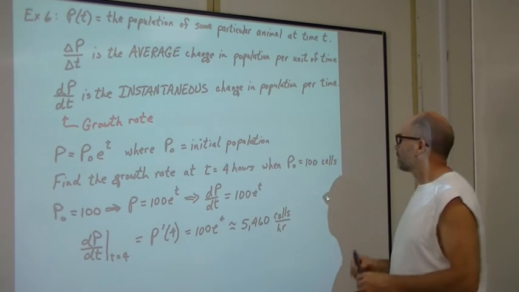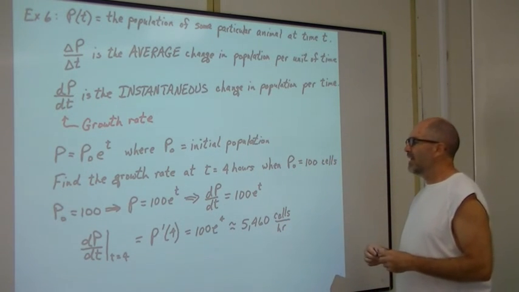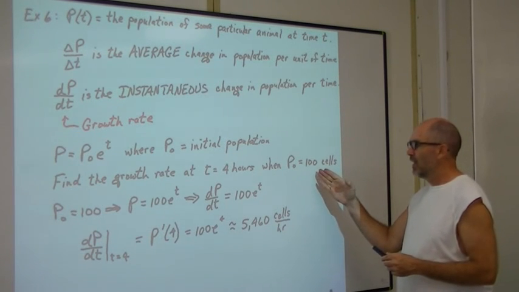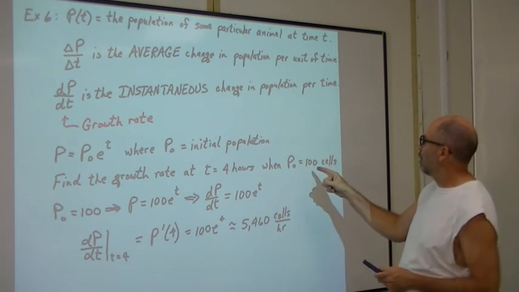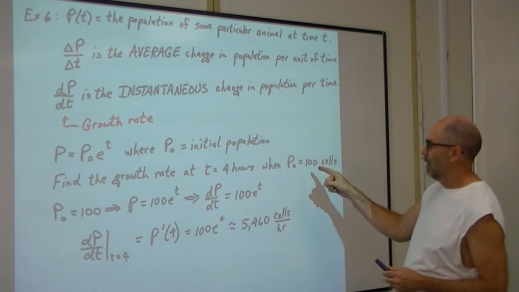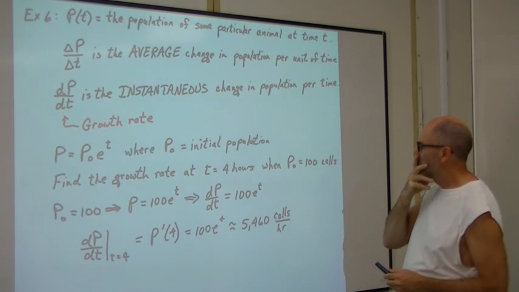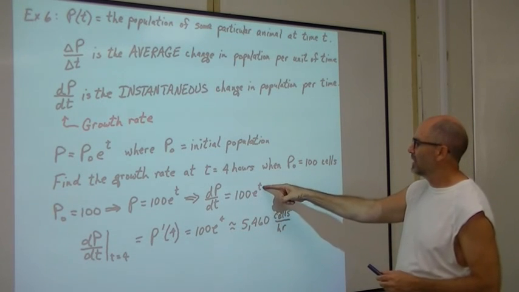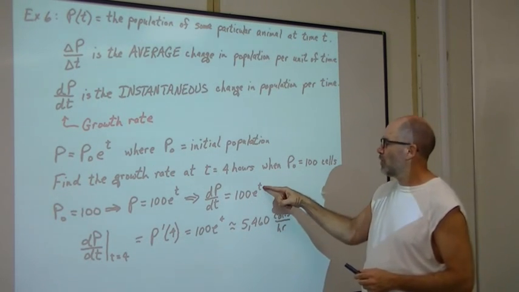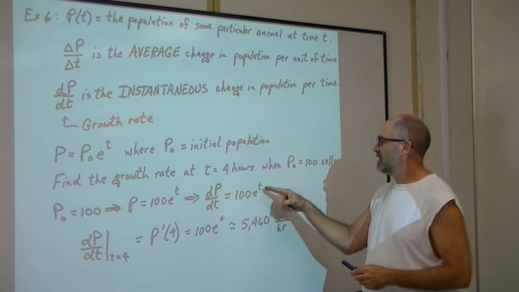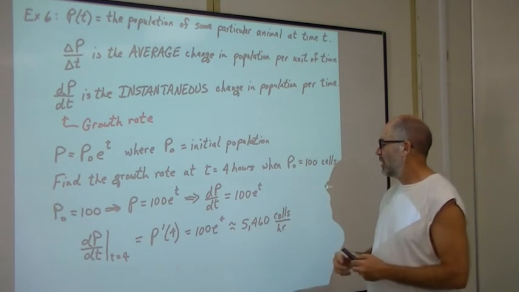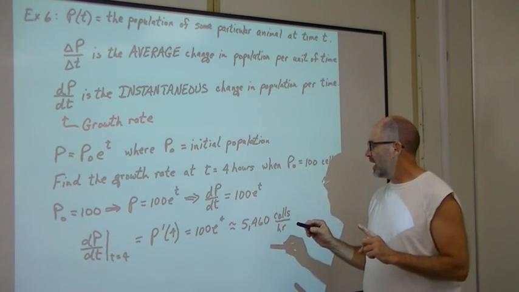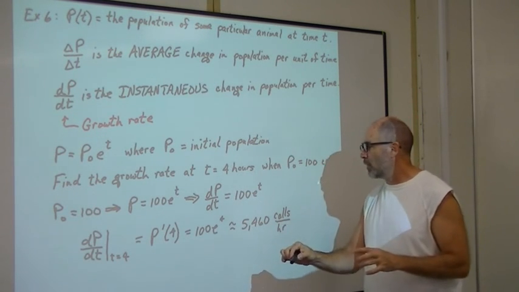All right, so when we first started, at time equals 0, the rate of growth was 100 e to the 0, which is just 100. So these cells started out multiplying at just 100 cells per hour.